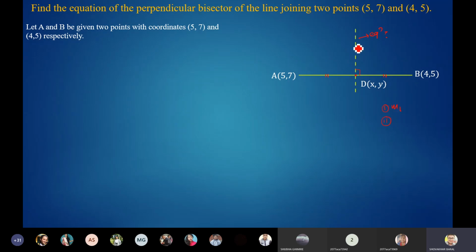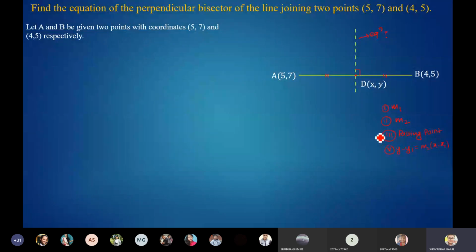Number 2, we need to find the slope of this line, m2, by using the condition of perpendicularity. Number 3, we need to find the passing point. This is the general outline of how to solve the question. And step number 4, we'll find the equation by using the formula y minus y1 equals m2 times (x minus x1).